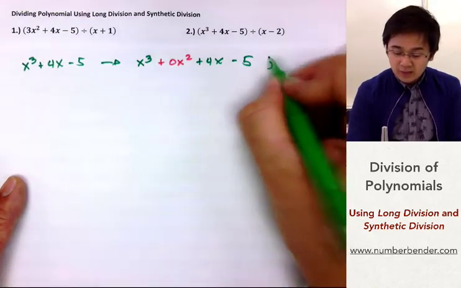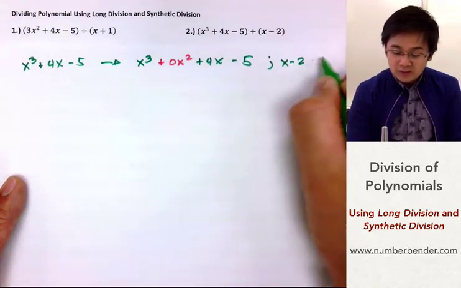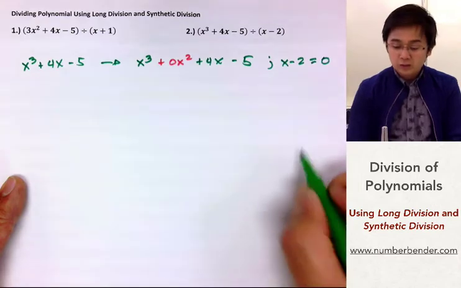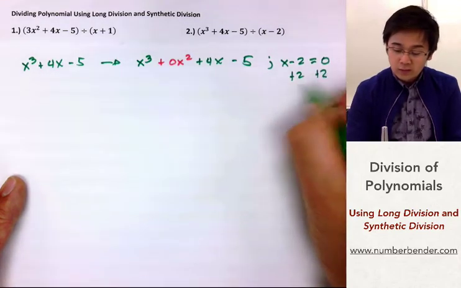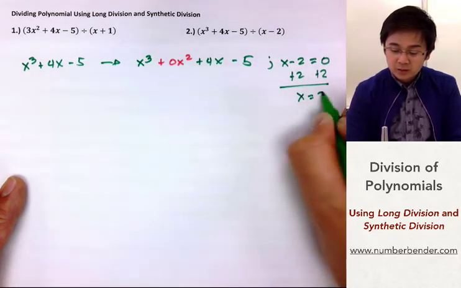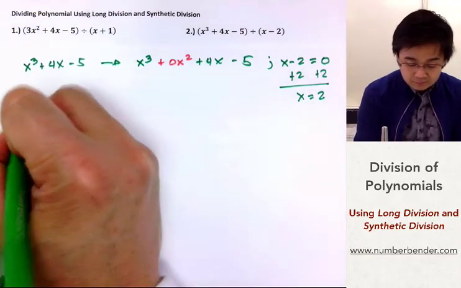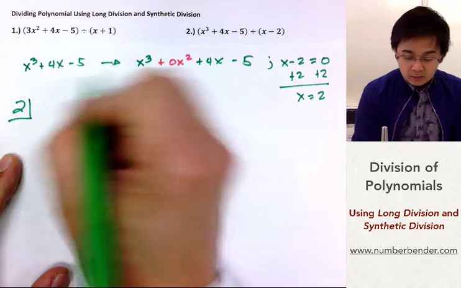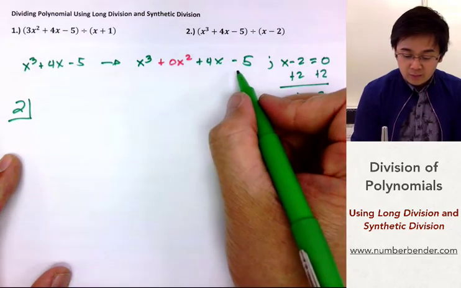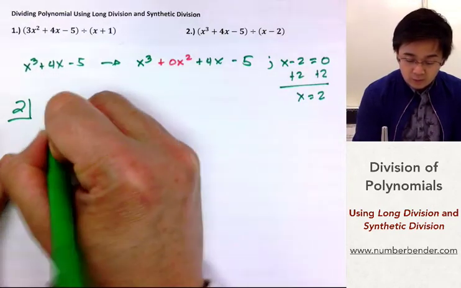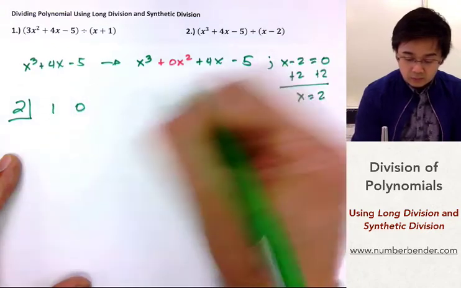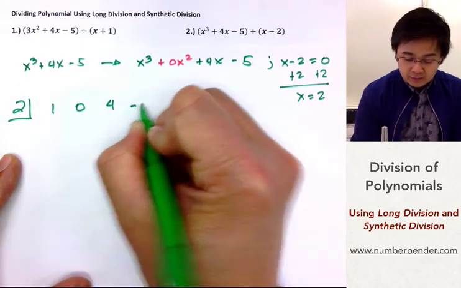And then since we are dividing it by x minus 2 using synthetic division, we'll equate it to 0. So we'll end up with 2 as our divisor. So we will divide the coefficients of the polynomial, which are 1, 0, 4, and negative 5.